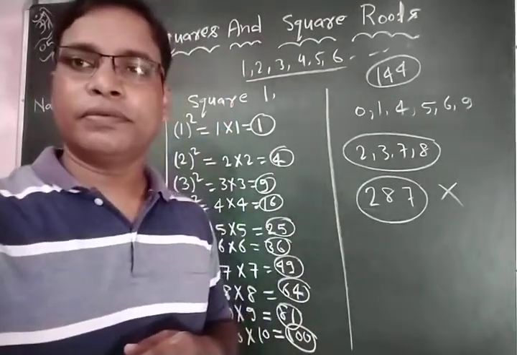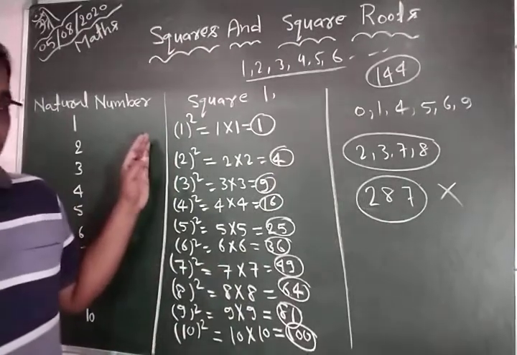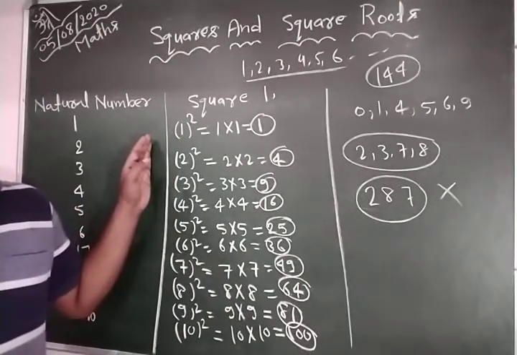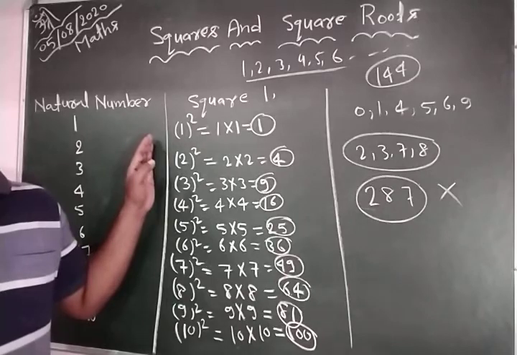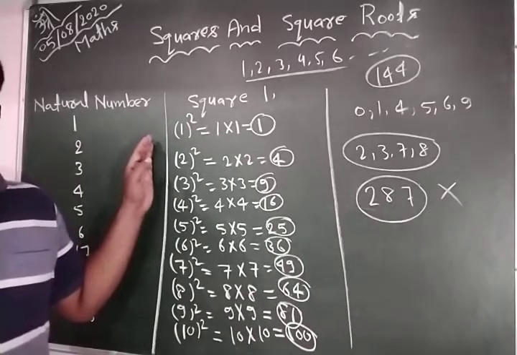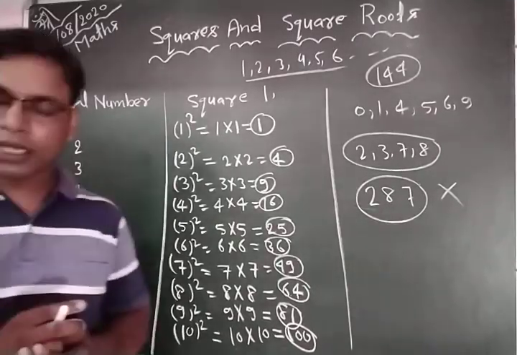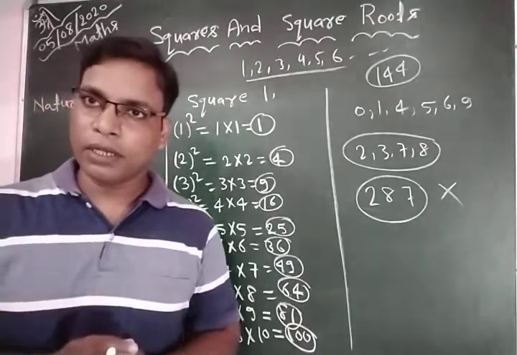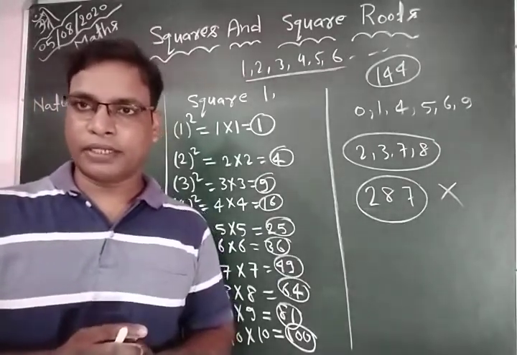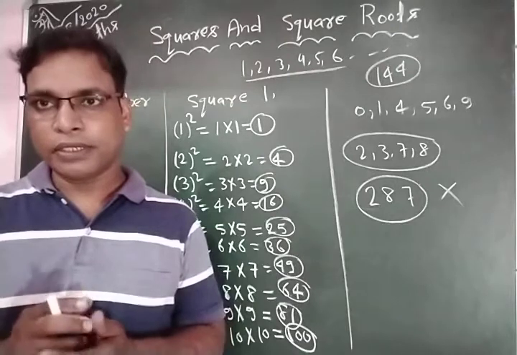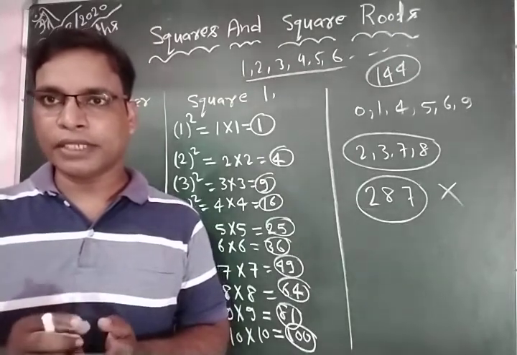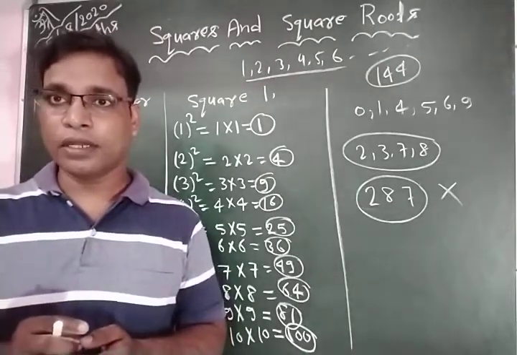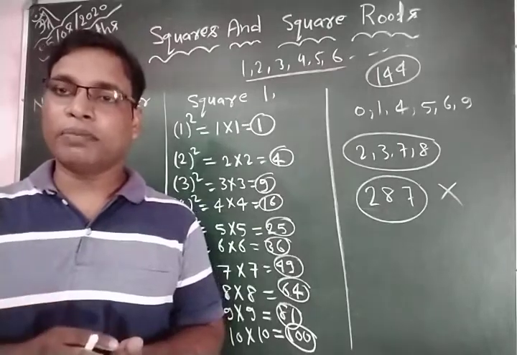Okay, now a square number, or you can say a perfect square, can always be expressed as the product of pairs of equal prime factors. Any perfect square that is given, you can express it as pairs of equal prime factors.